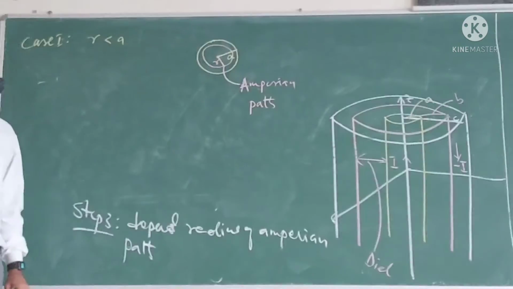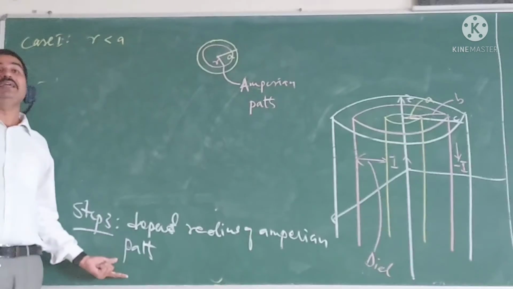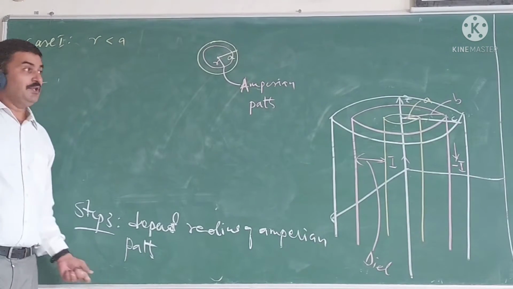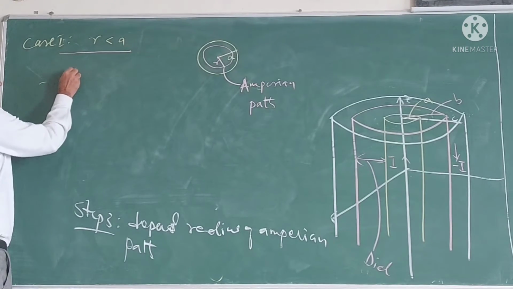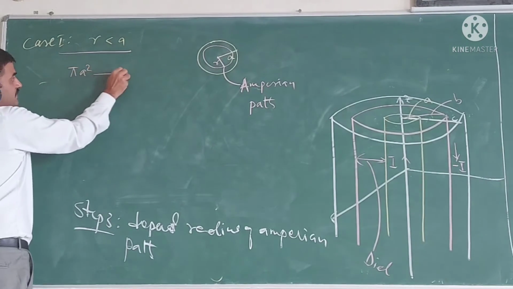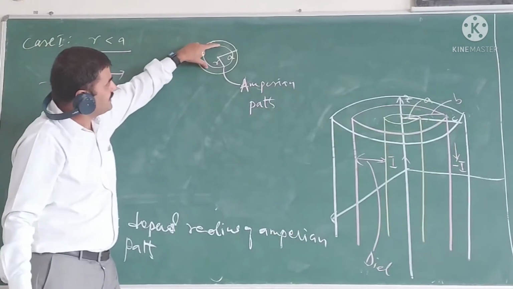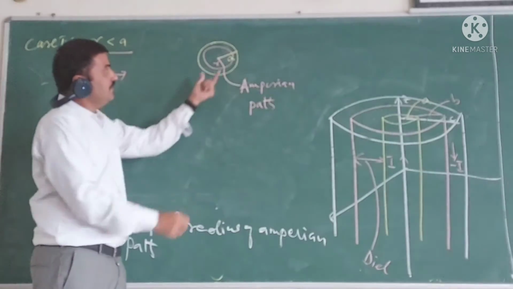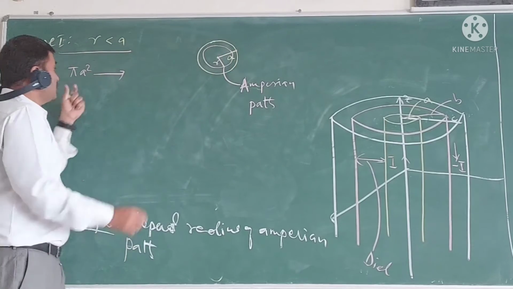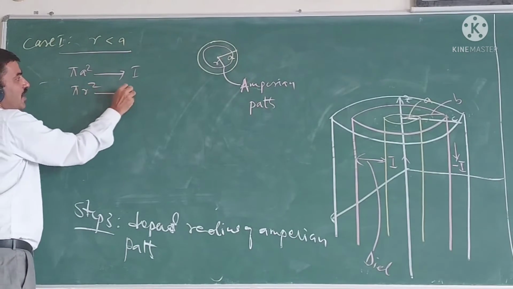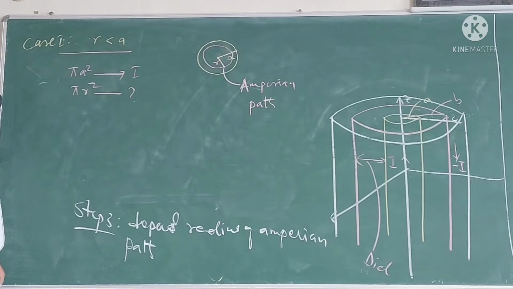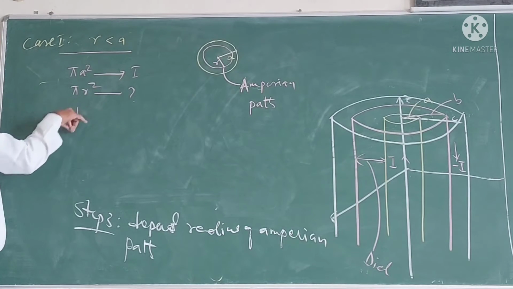R less than A. What I need to find is only the current. Just see this. Pi A square consists how much current? What is the area of this yellow one? Pi A square consists current I. Pi R square consists how much? This current I will call I dash.